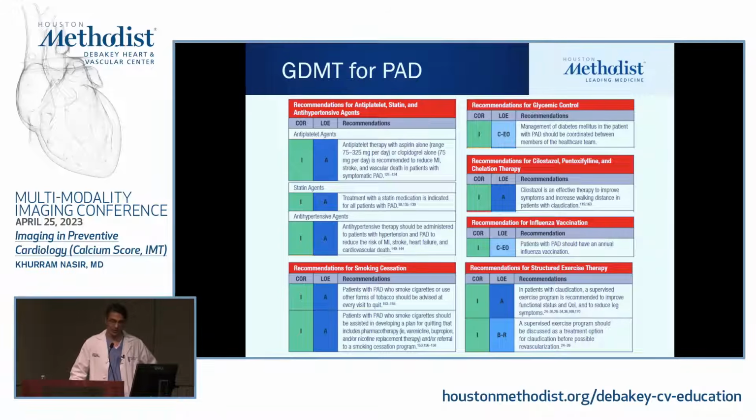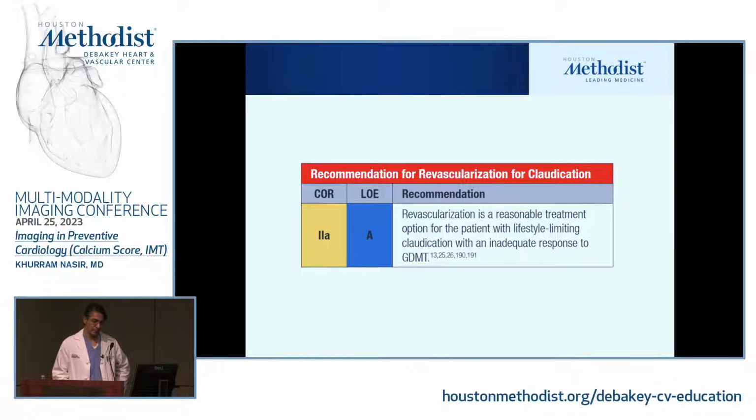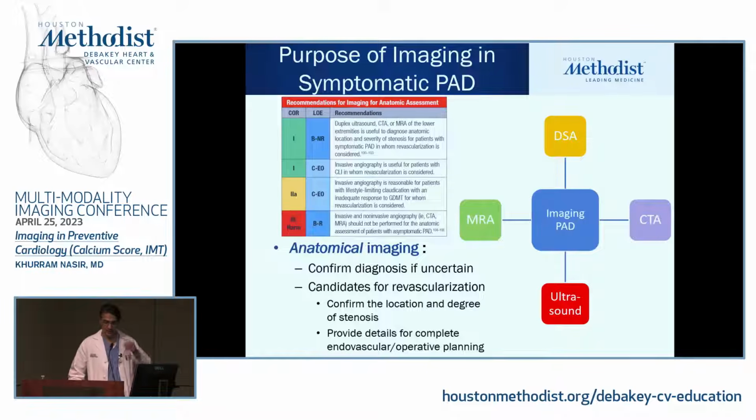If none of this works and your patients continue to have debilitating, functional, lifestyle-limiting symptoms, then it is recommended that you consider revascularization. This is where the next portion of the talk comes in. When our interventionalists do procedures, they often like to know what anatomy they're dealing with.